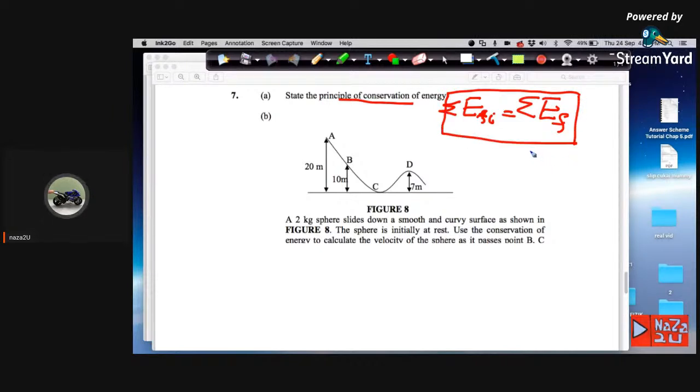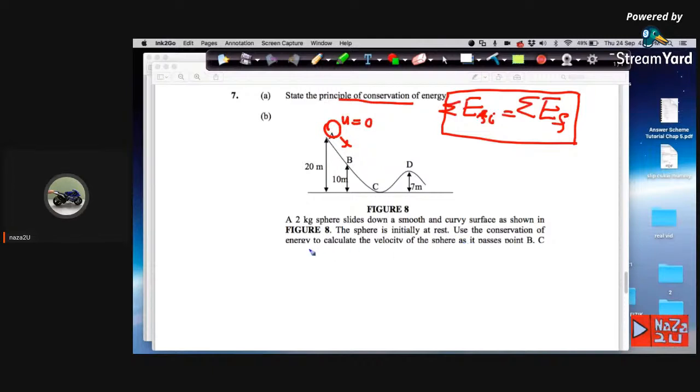This conservation of energy. So number B, a 2 kg sphere slides down from a smooth and curved surface as shown in figure. So kita ada kedudukan A, bola tu katalah kat sini, jasad telah bola turun ke bawah. The sphere initially at rest, asalnya dia tidak bergerak, so U is equal to 0.